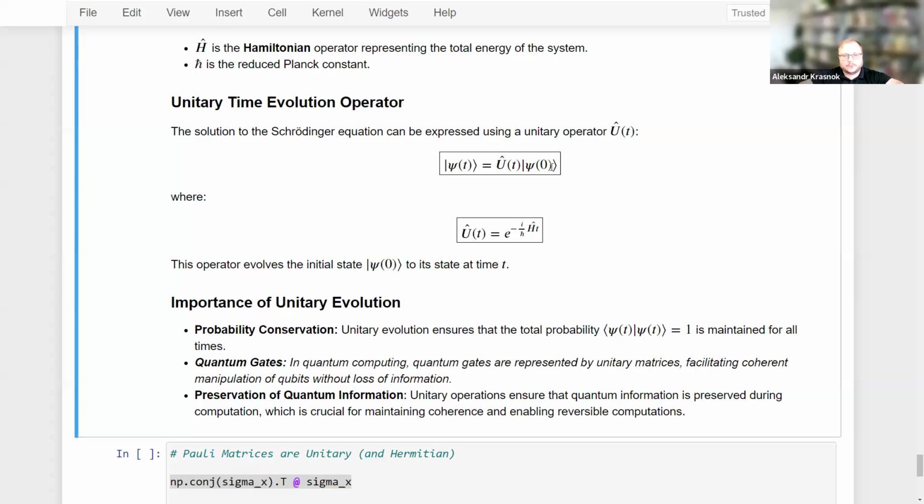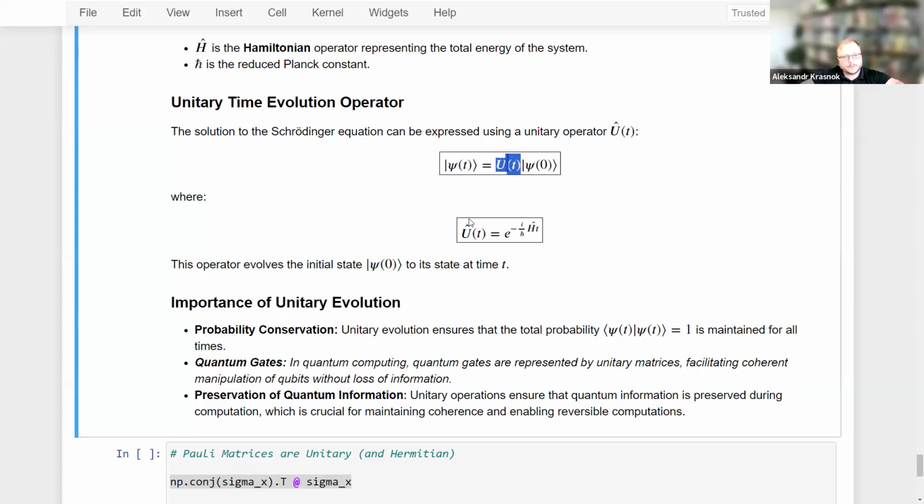So if you solve the system starting from some initial time instant, then you apply your operator U to jump to another moment in time, then another moment in time, and so on.